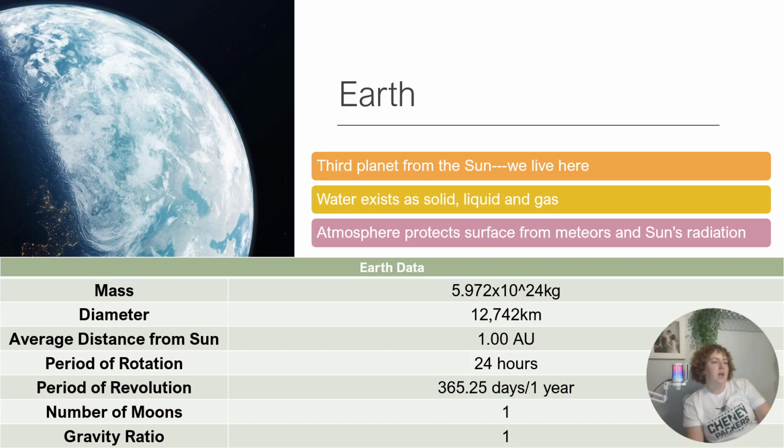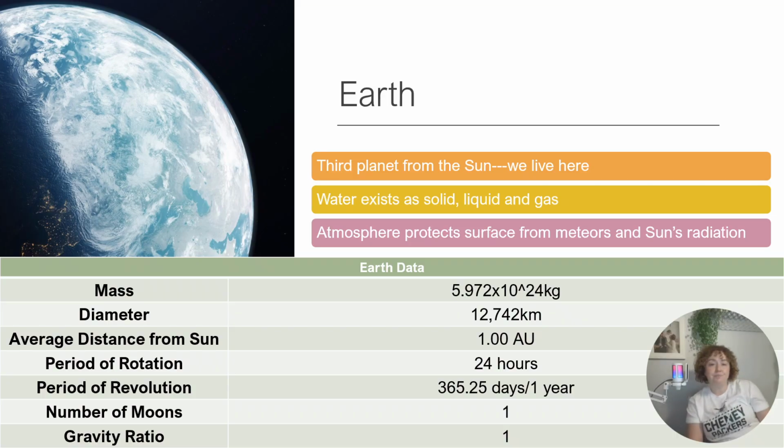It is within what scientists call the habitable zone, or as a lot of people like to refer to it, the Goldilocks zone, where it's not too hot, not too cold, just right in order for us to maintain life. The mass of Earth is 5.972 times 10 to the 24th kilograms. It's heavy.